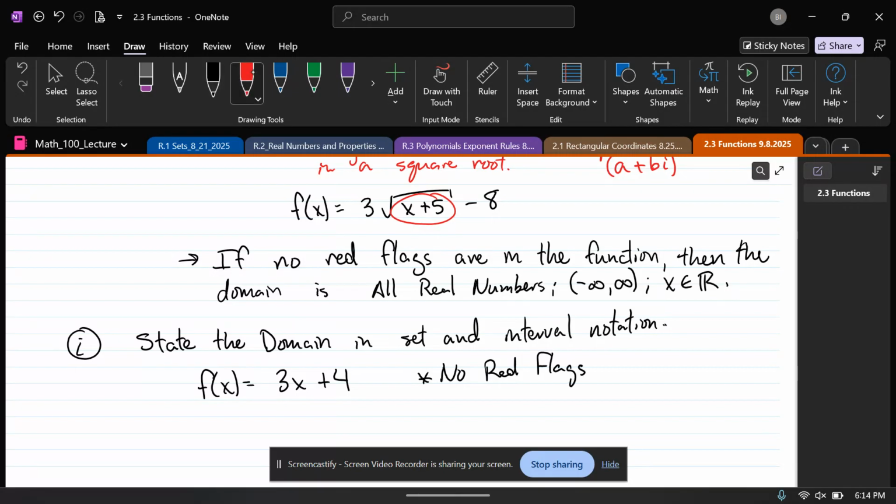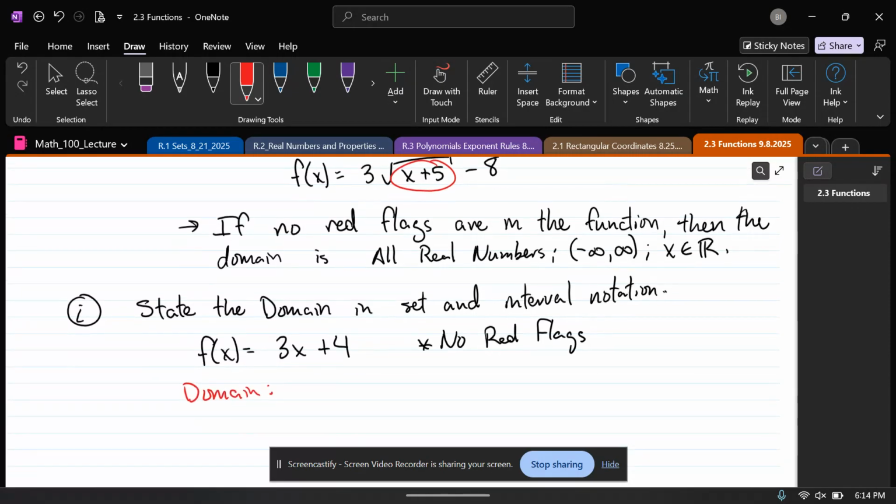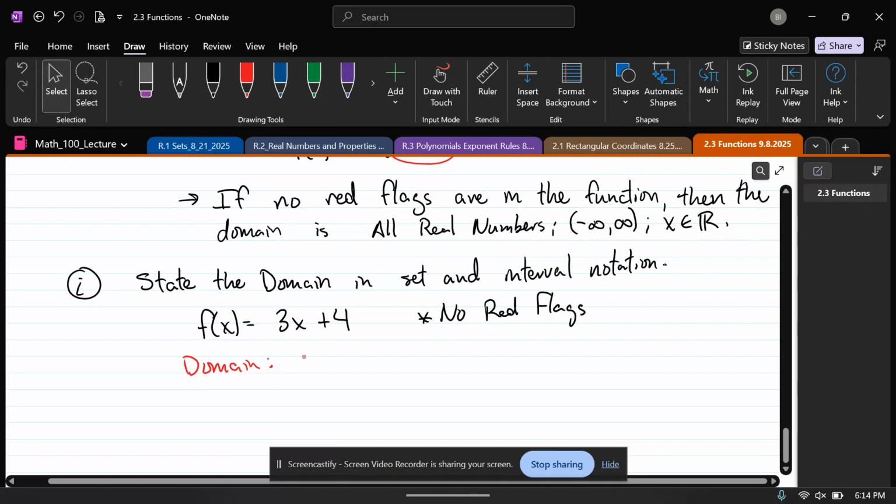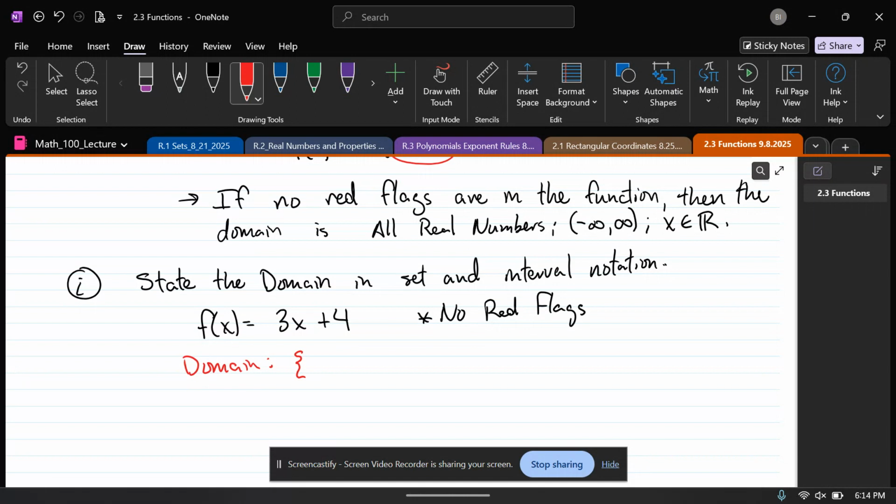So my domain in set notation is this. Put a little curly brace. So this is a little bit more proper way of doing domain. All x's and then a straight up and down bar. So that means all the x's that are in this problem such that x is an element of the real numbers. That is set notation.